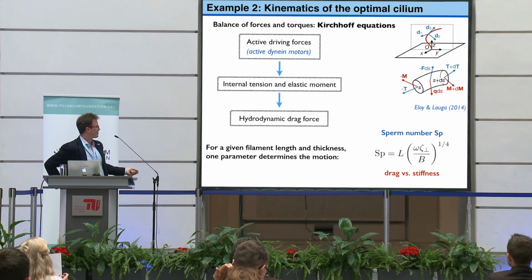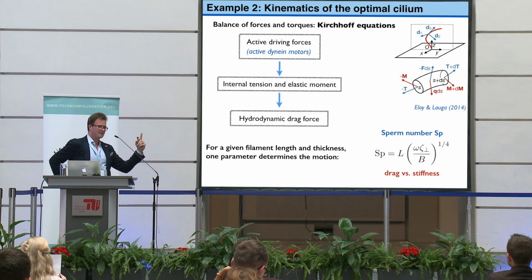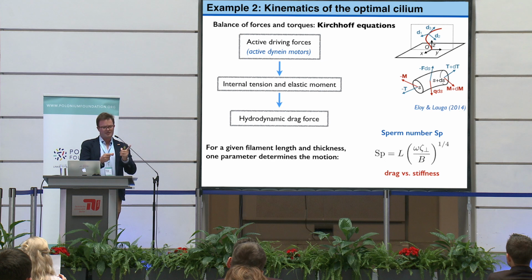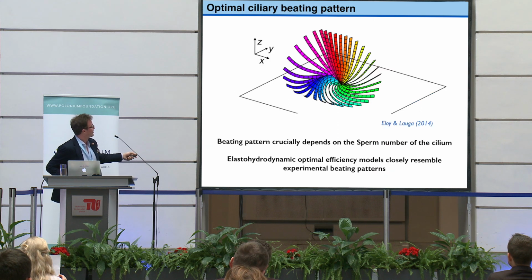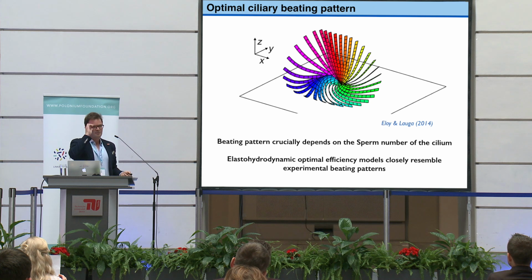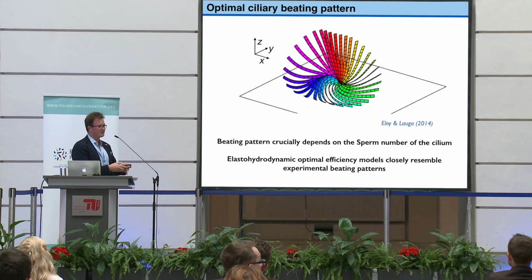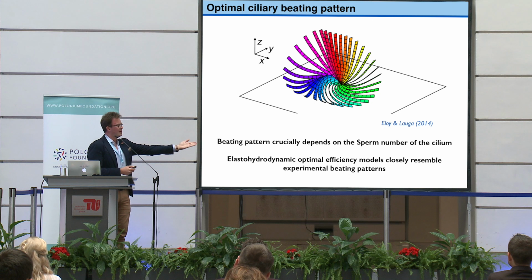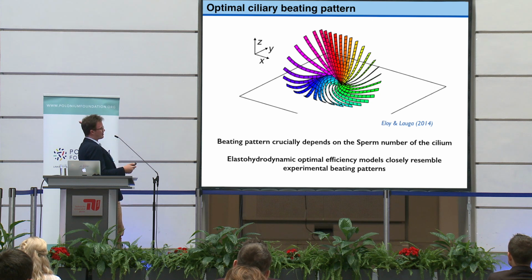Now, it turns out that for a given filament length and thickness in this somewhat simplistic model, there is just one parameter that determines the motion, which depends on the rotation rate of the cilium, on its stiffness, that is this coefficient B, and on the drag coefficient of the cilium when it moves through the fluid. Putting all these ingredients in, you get a beating pattern that is very similar to what we see in experiments, in which they do something called a power stroke, which they do like that, and then a recovery stroke, in which they go back to the original position.